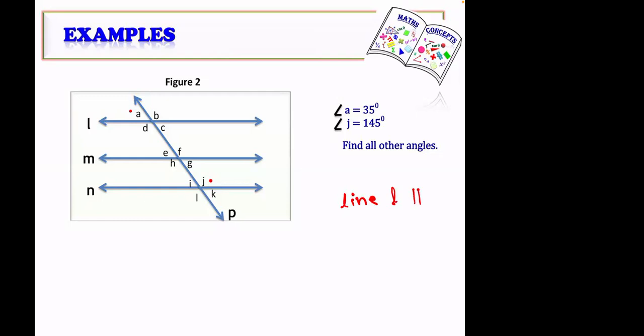Line L is parallel to line M, line M is parallel to line N, and line L is parallel to N. So I can also say that L, M, N are all parallel lines, and P is the transversal. I've given that A is 35 degrees, angle J is 145 degrees, and we have to find all other angles.